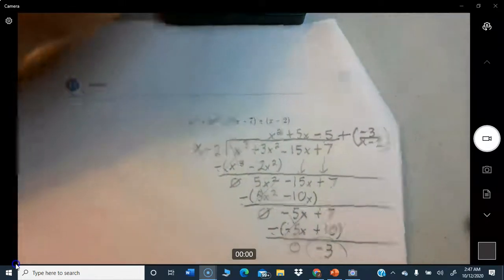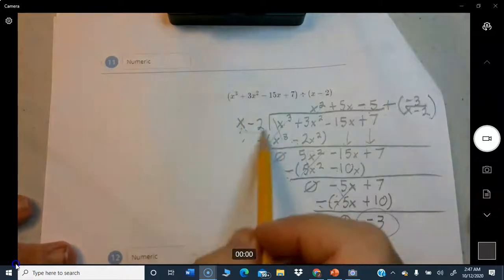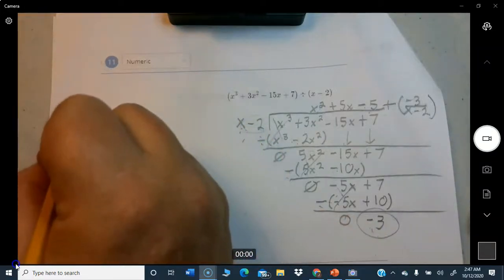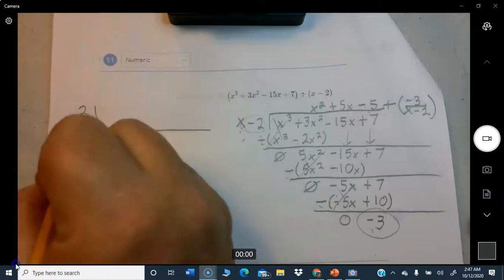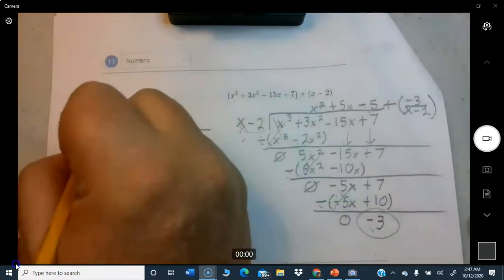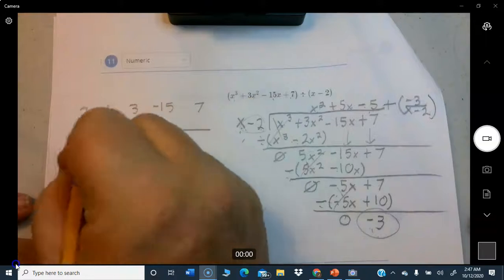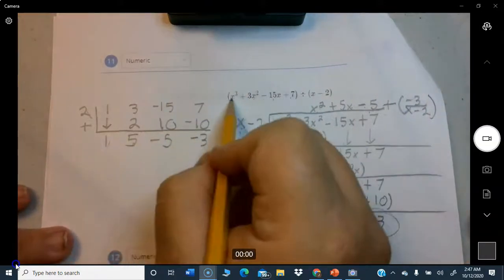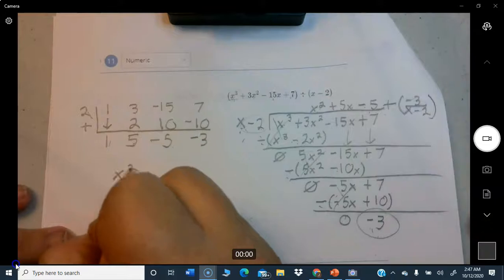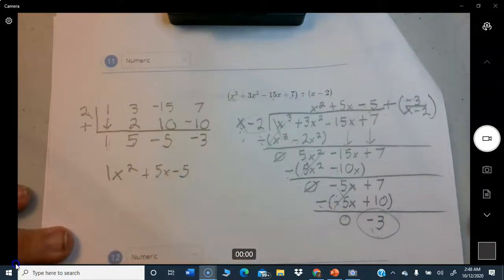Let's go ahead and do it the synthetic way. So again, we start with this. Change the sign to a positive. Put a plus sign there. Cubic, so x squared is 5.